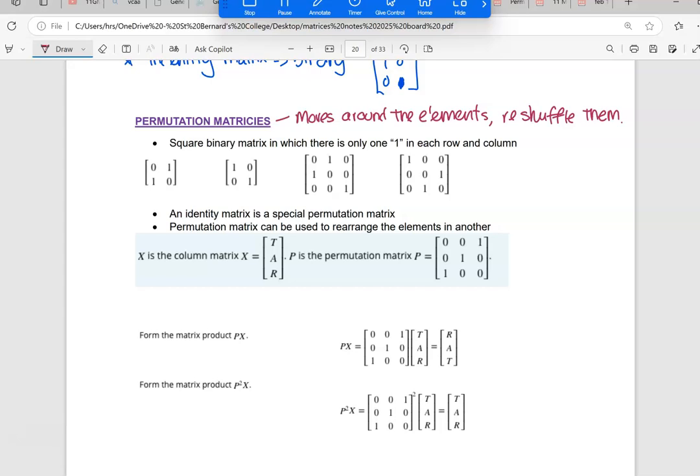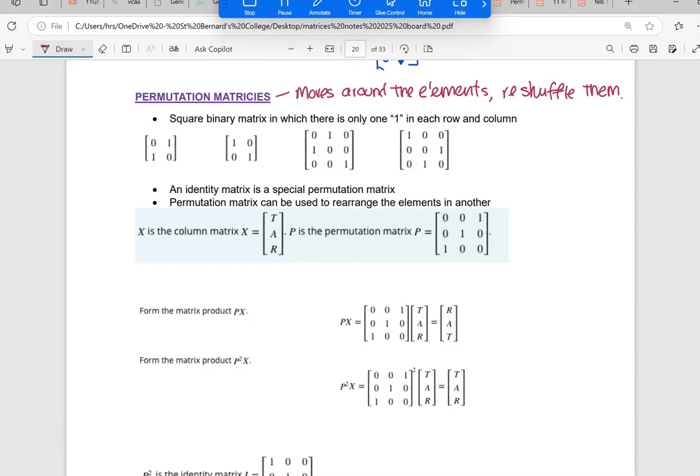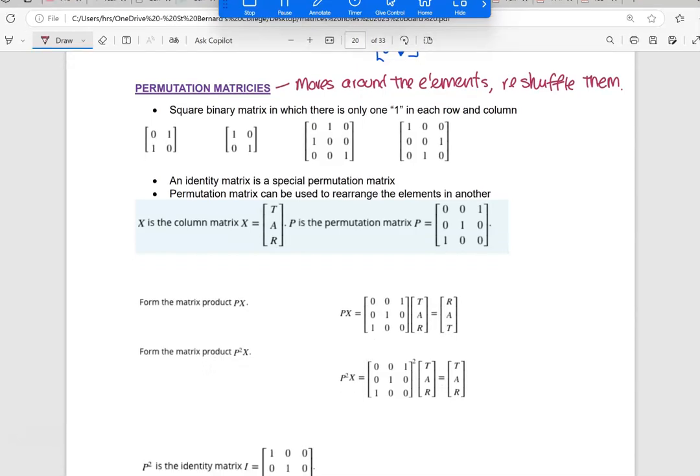So what we're going to have a look at here is these matrices. We've got a permutation matrix. An identity is a type of permutation matrix, but let's have a look at this one. We have this matrix here, which is a 3x1, 3 rows, 1 column, and it has letters, and then we have a permutation matrix.